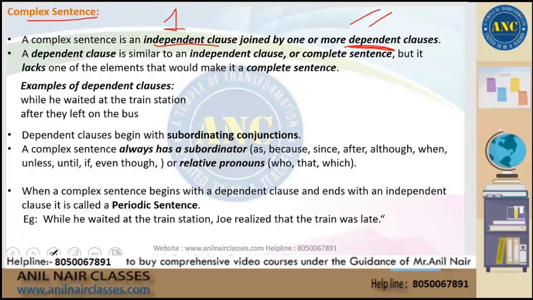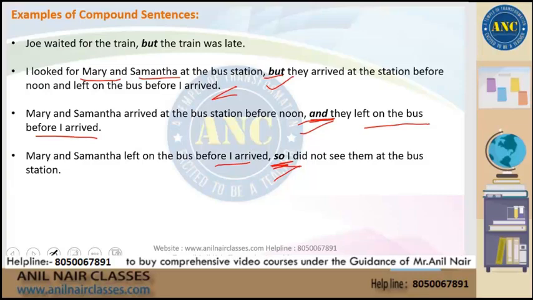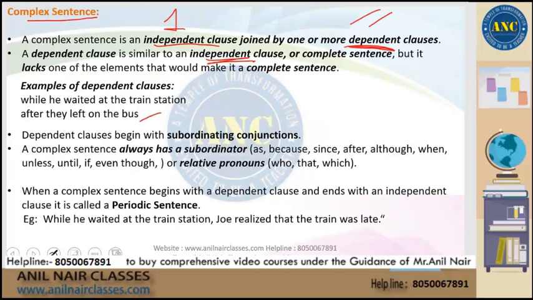What is a dependent clause? A dependent clause is a clause that does not make complete sense by itself. It needs an independent clause to give it more meaning. Simple examples of dependent clauses: after they left on the bus, while he waited at the train station.